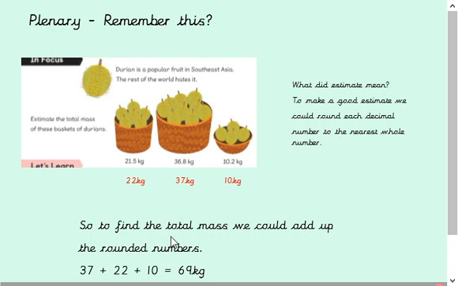But what we would need to do to find the estimate of the total mass is add them all together. So 37 plus 22 plus 10 would give us 69 kilograms. So in practical terms, this is where we've been able to use and apply our learning to a practical question.